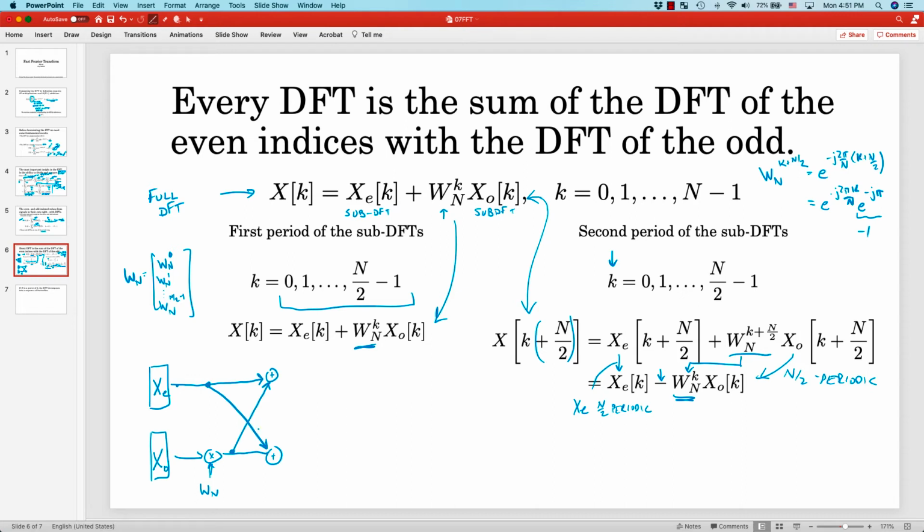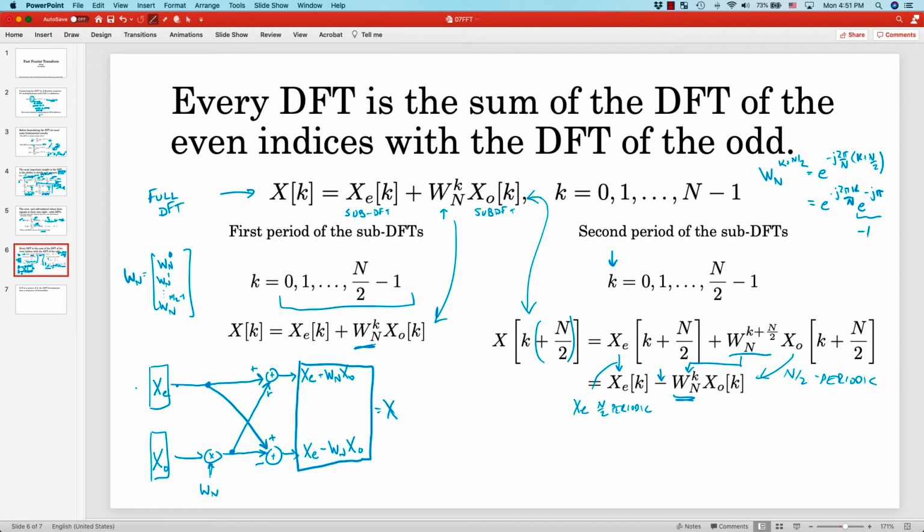These two don't touch, and then we are doing a plus and a minus sign there, and a plus sign there. And so algebraically, what do we get? We get X sub e plus W sub N X sub o, and we get down here X sub e minus W sub N X sub o. And if you like, we can glue these two together and get the full DFT.